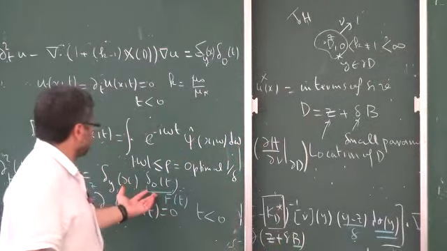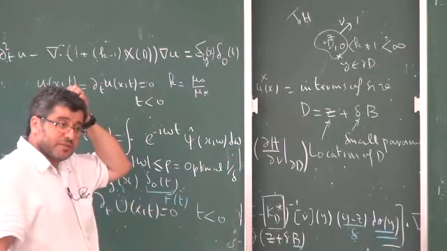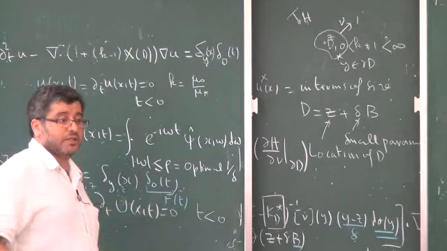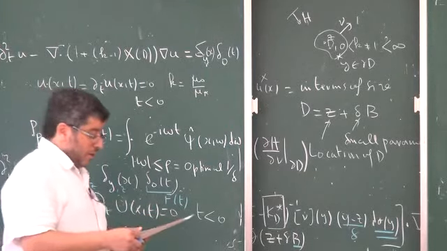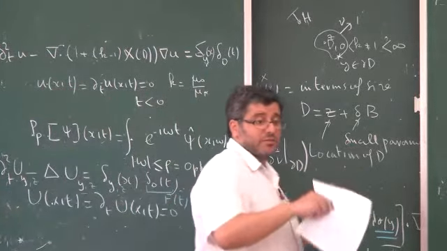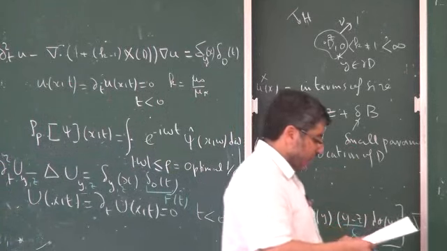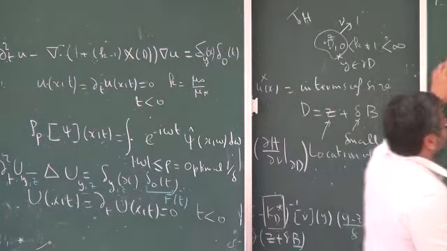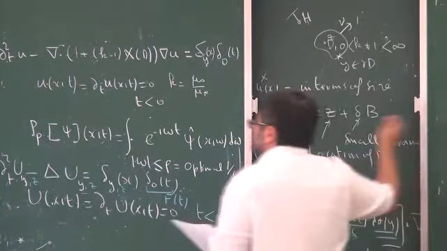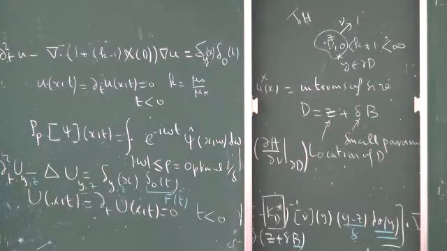Because for the delta function, its Fourier transform is just one for all the frequencies. You excite all the frequencies together. So this asymptotic expansion holds when x is far away from z.